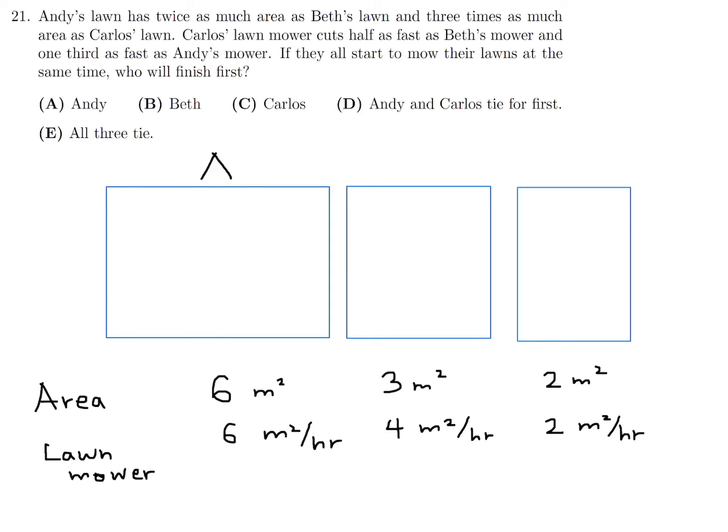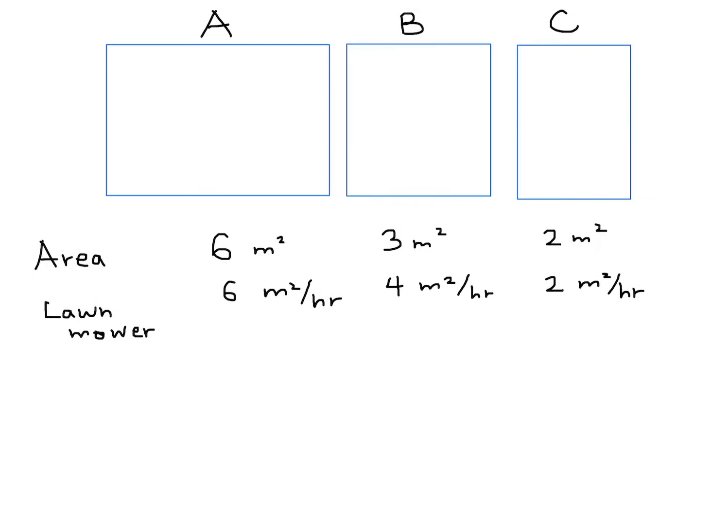So now they want you to figure out, if they all start to mow their lawns at the same time, who will finish first? So we have to compare the times.